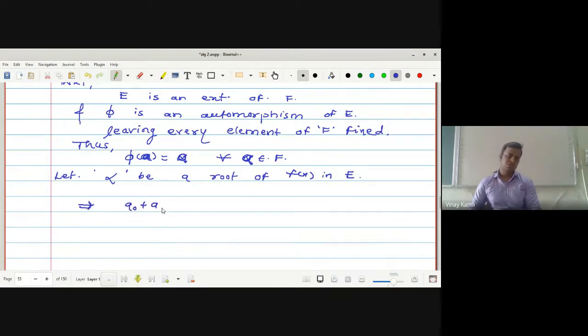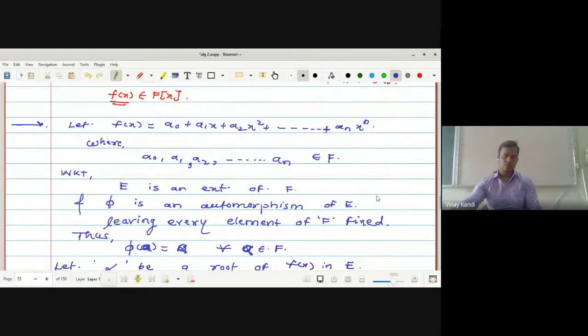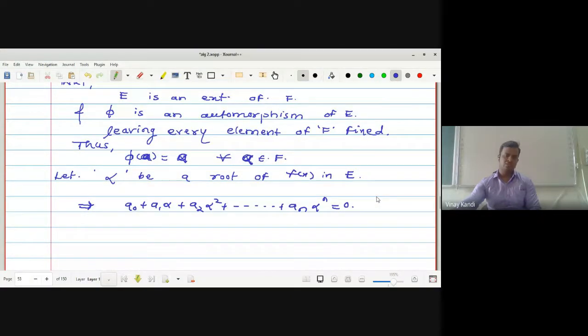A naught plus a1 alpha plus a2 alpha square up to so on an alpha raised to n is equal to 0. To prove that, what do we have to prove?